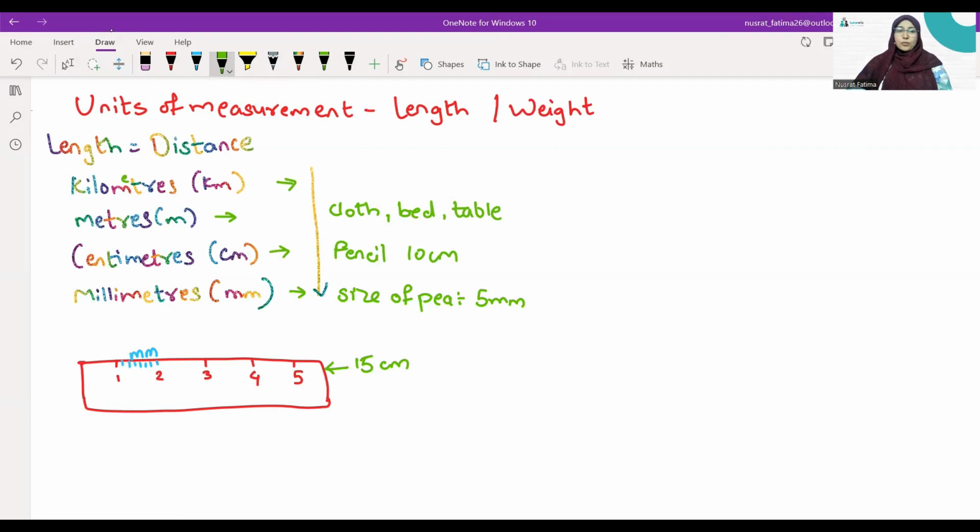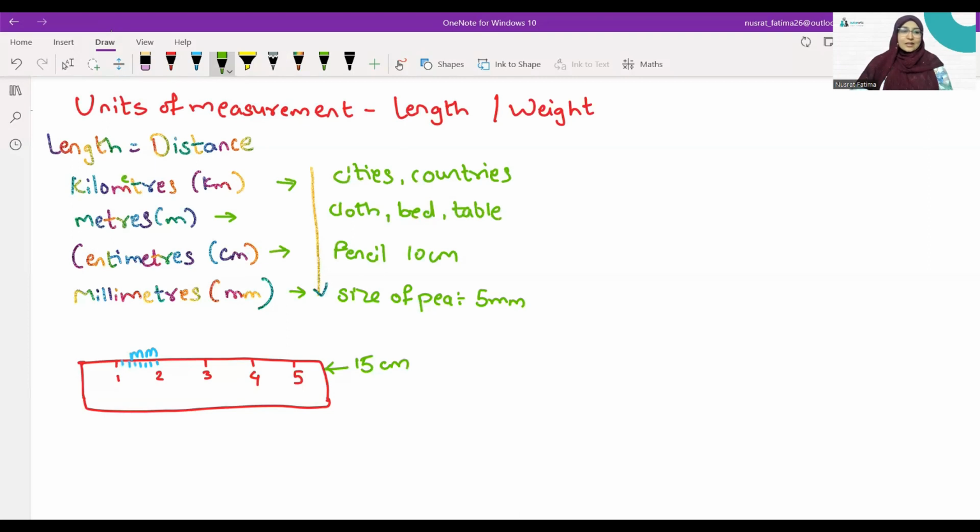So you use kilometers to measure distance between two cities or two countries, or you can also use kilometers to measure distance between your house and your friend's house. Suppose I say my friend lives 2 kilometers away from my house. So that's quite more distance. I cannot walk. I need a bike to go, otherwise I'm going to get tired if I go by walking.